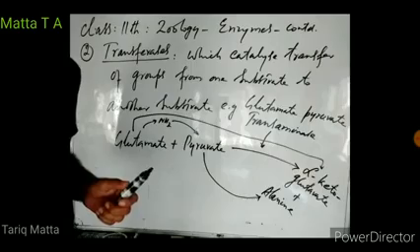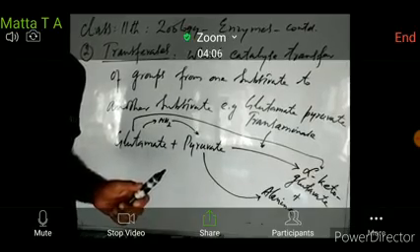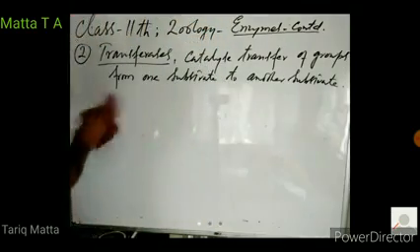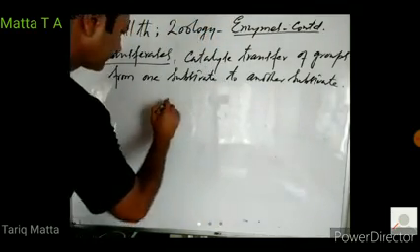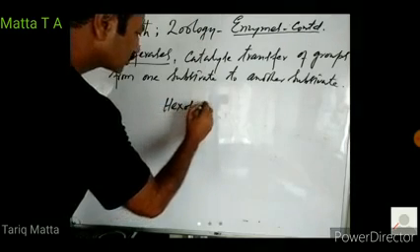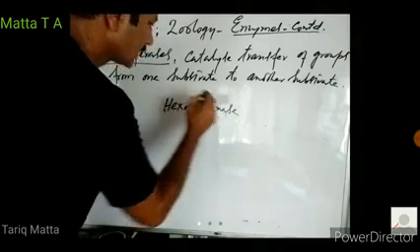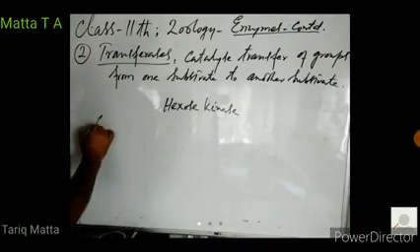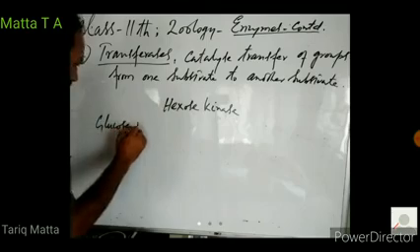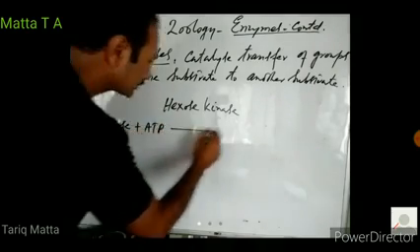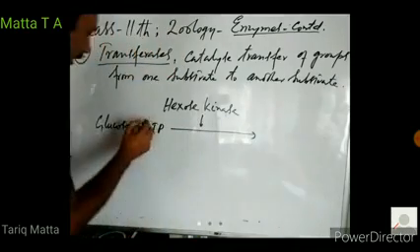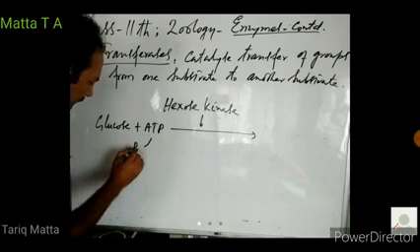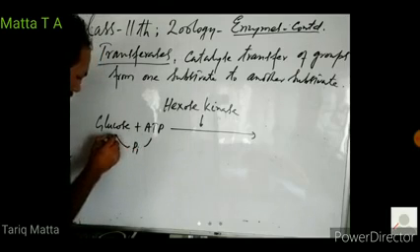So this is our transferase enzyme. Hexokinase. It is again a transferase enzyme. It is involved in transfer of inorganic phosphate from ATP to glucose.